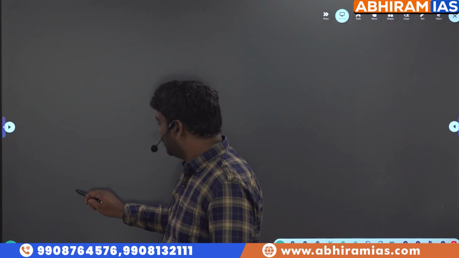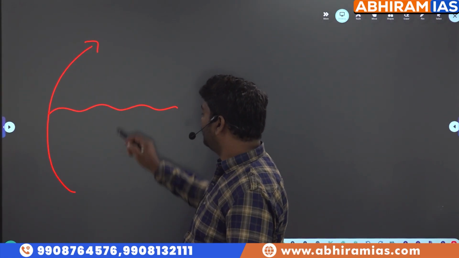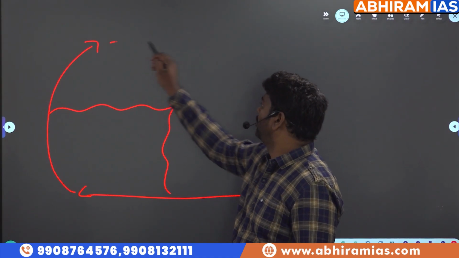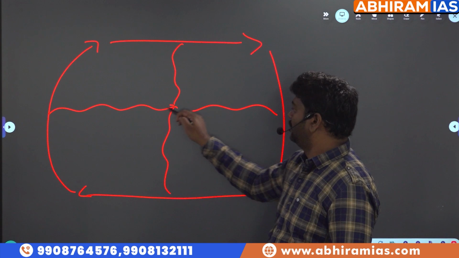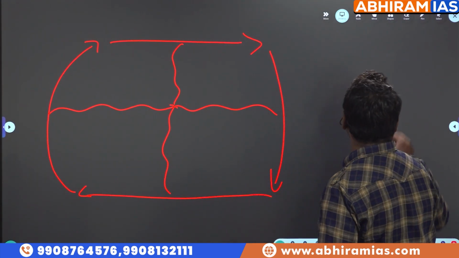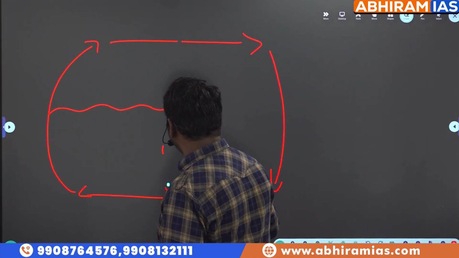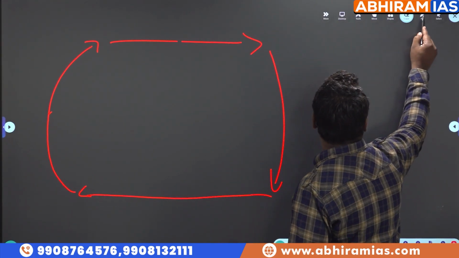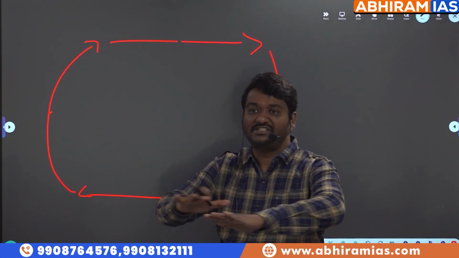Guys, whenever ocean currents are circulating, remember waves will be generated. From all the sides, waves will be generated. When waves generate from all the sides, waves will merge from all the sides, and once they merge, they will become standstill water.